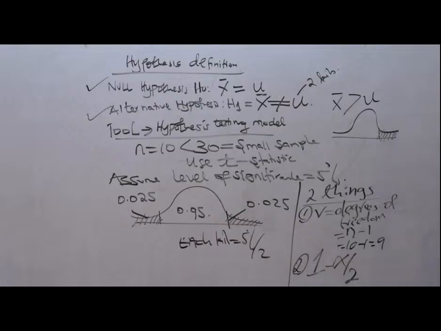So this will be 1 minus 0.05 over 2. Remember, this 2 is only cutting the level of significance. This is the second requirement. To read from my T table, I need the degrees of freedom and 1 minus alpha over 2.